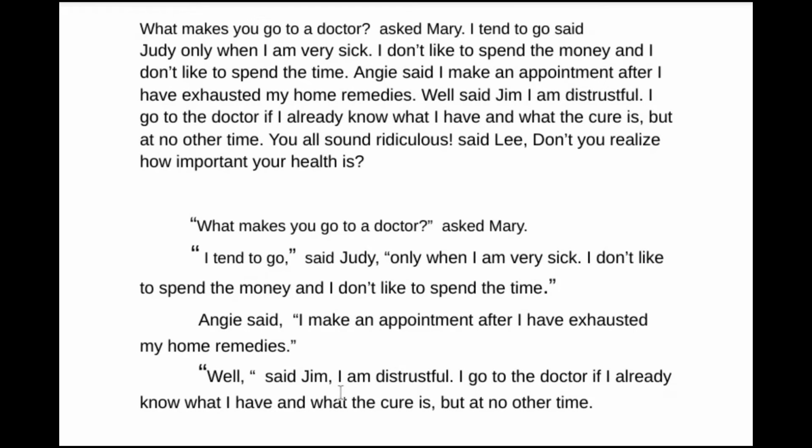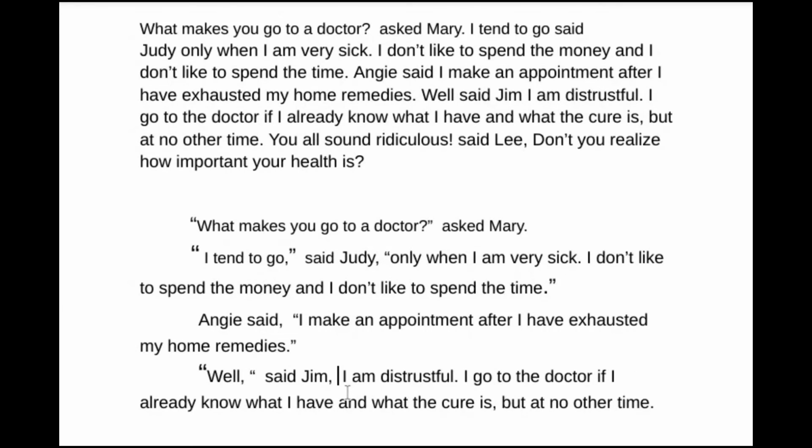Well, said Jim. Well, in other words, Jim is saying, well, I am distrustful. So, well, said Jim. And since we have the quotation tag breaking the sentence, it is okay to have another set of quotation marks. Well, said Jim, I am distrustful. I cannot include quotation marks here and continue with saying what Jim has said. That will be incorrect because Jim is saying I go to the doctor, so there's no need to have double quotation marks.